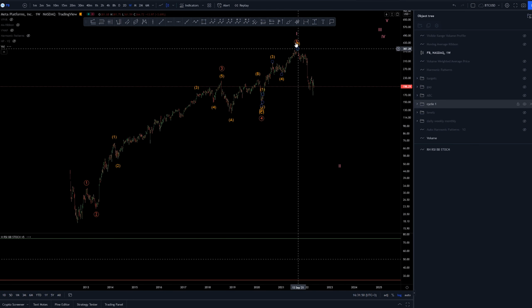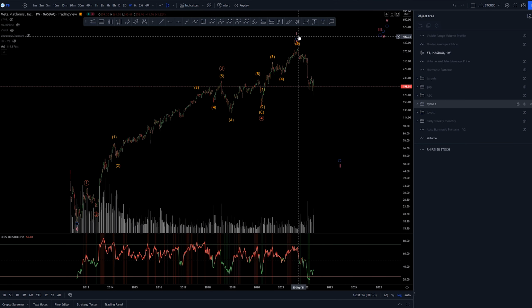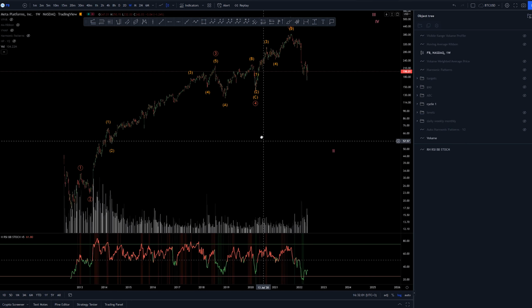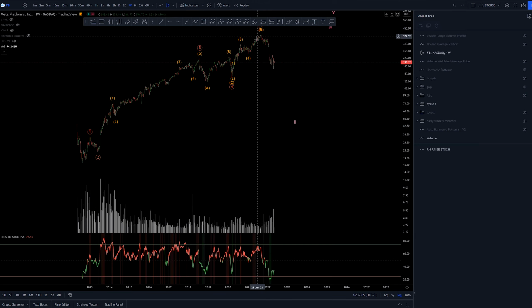To me, this looks like a possible wave 1 of a cycle, or either something else. Could be a grand cycle or something else, that this is a completed cycle. In any case, we are looking for something that could be coming down.